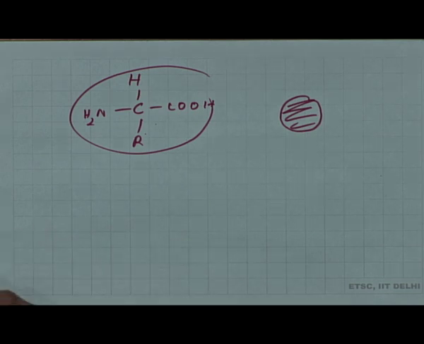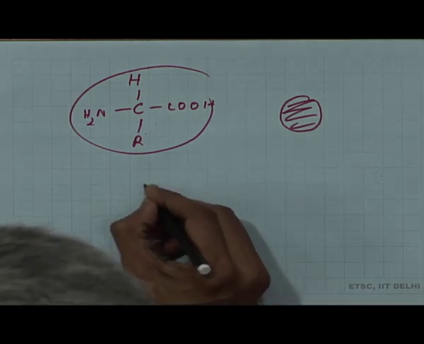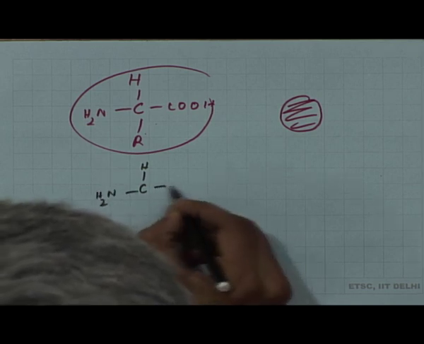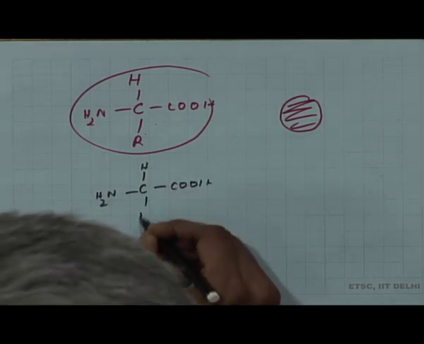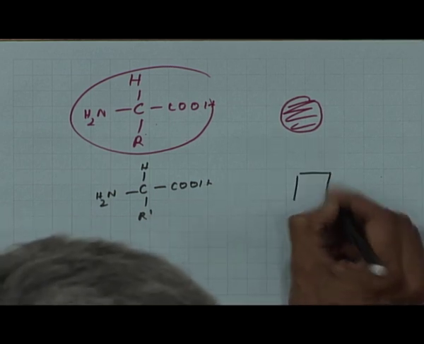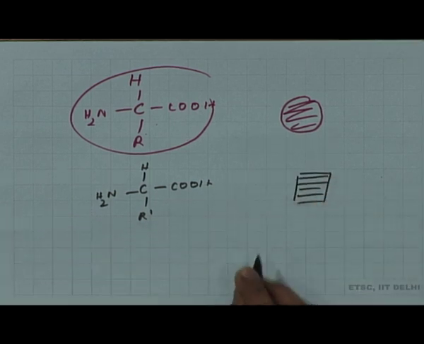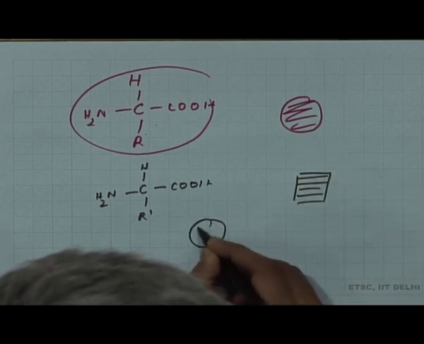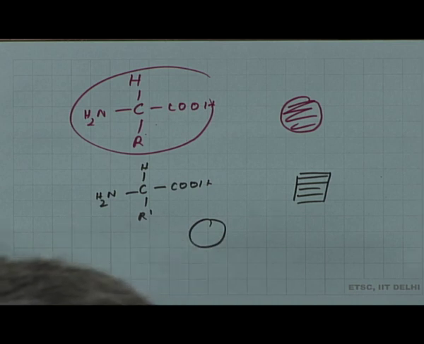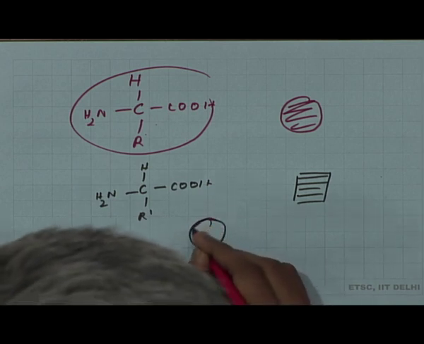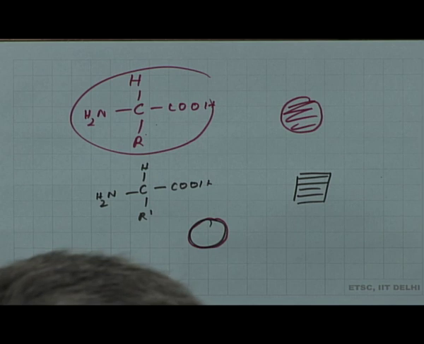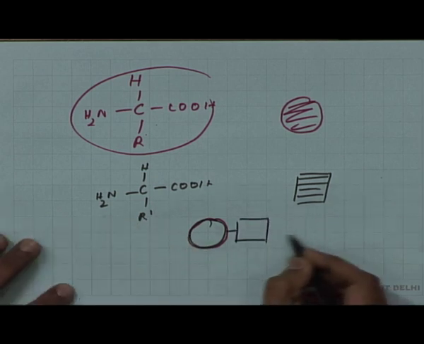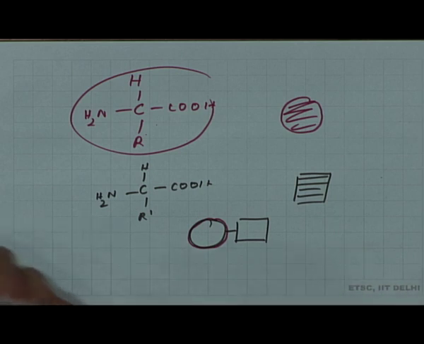And if I have a different R prime, let me call it a square bead. Now, I put these two together, I join them and I get something, and I keep going like that.